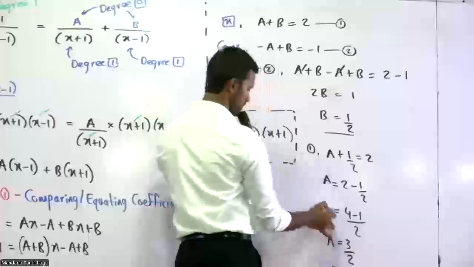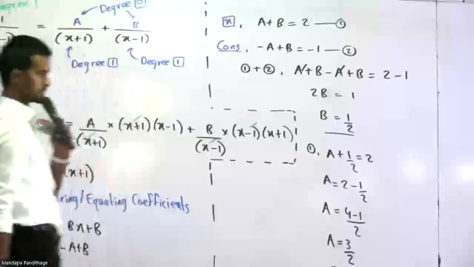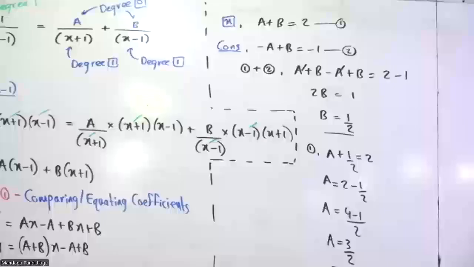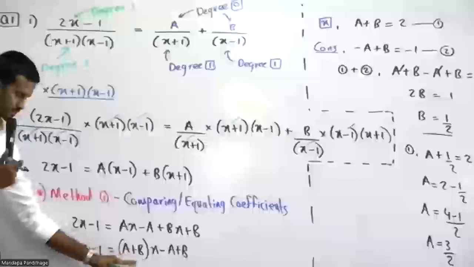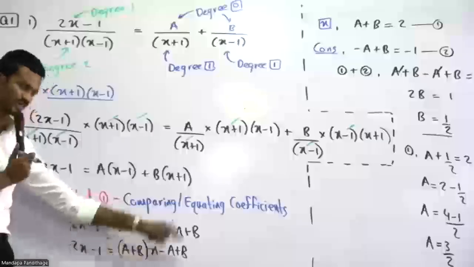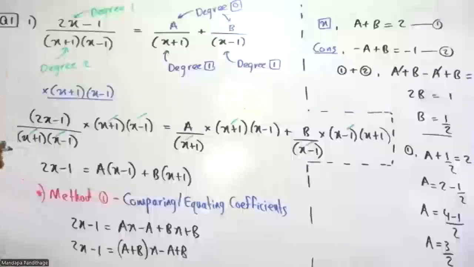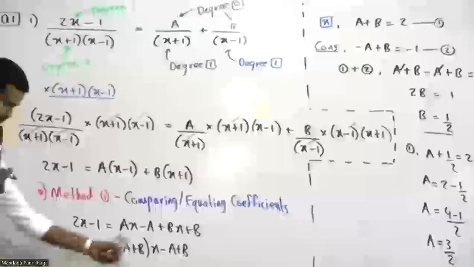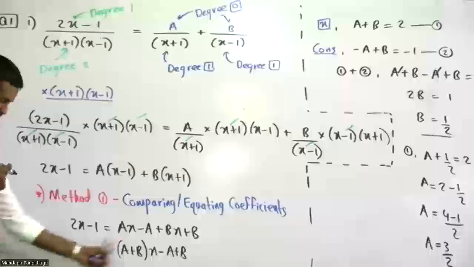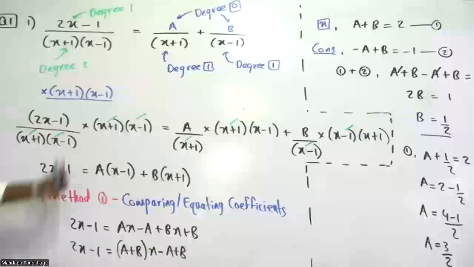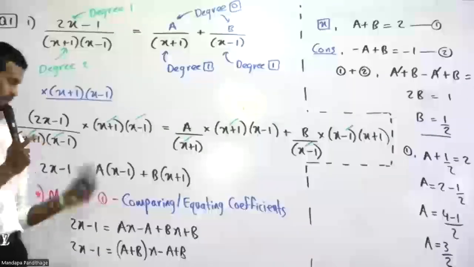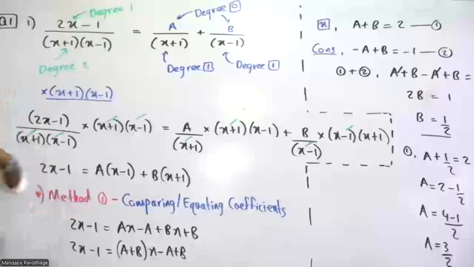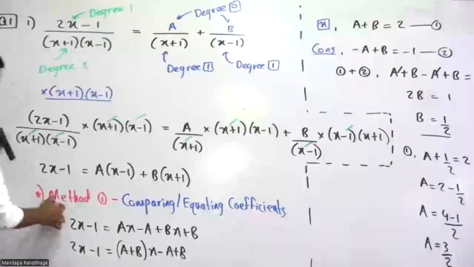So after coming to this step, there are two main ways. Even if you are a newcomer, you can easily understand. Expand this and take all the x terms together, constants together, and when there are x squared terms, take them together as well. Then equate or compare the coefficients, make them equal. Clear? So do this and come up to this step, find a and b.